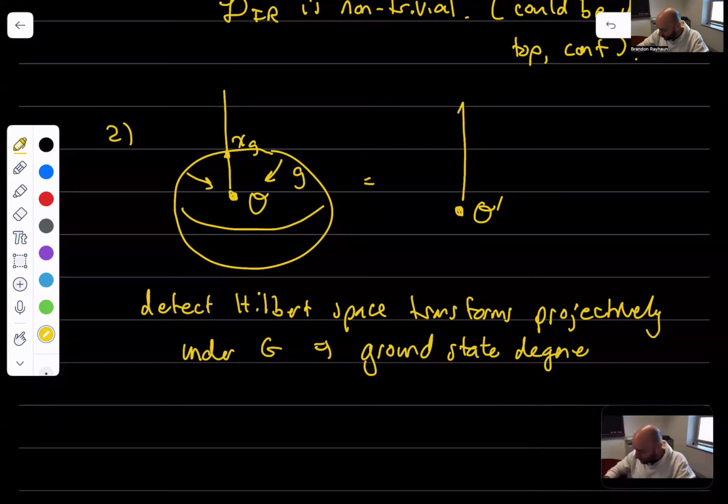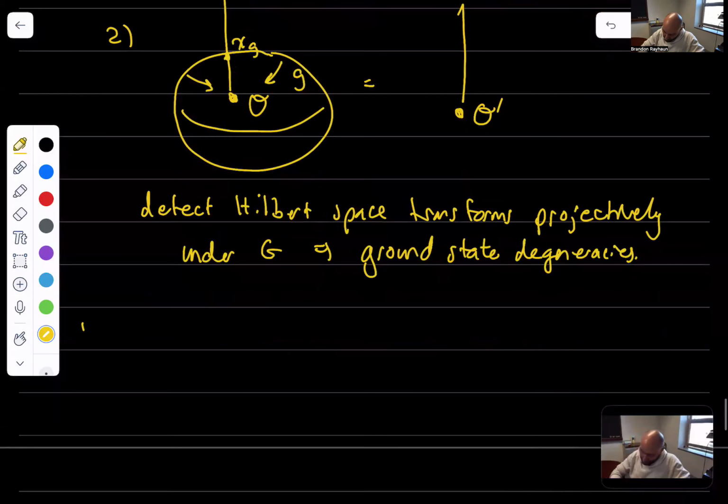And that's for the trivial reason that any projective representation of a group must have dimension greater than 1. So there's no one-dimensional projective representation of a group. So these are just two easy consequences.